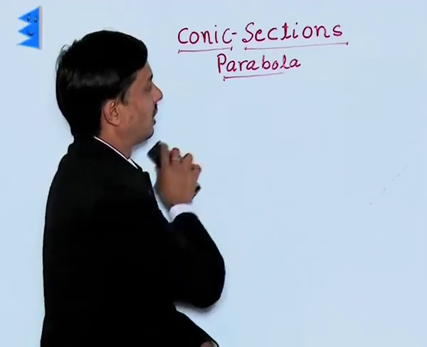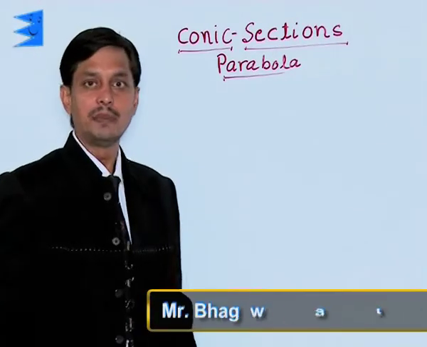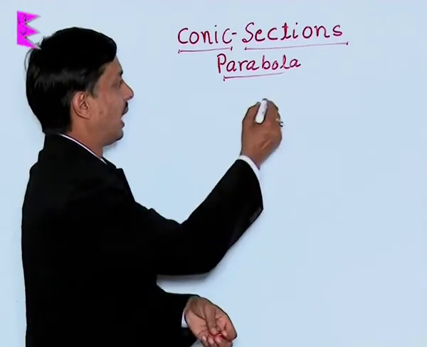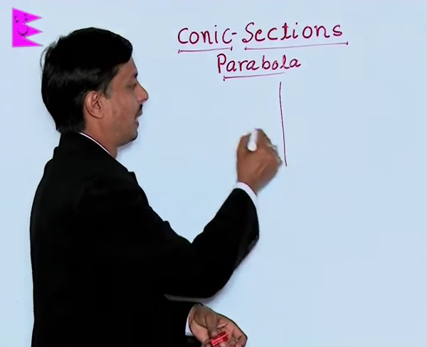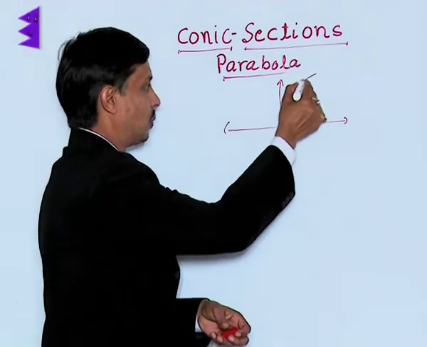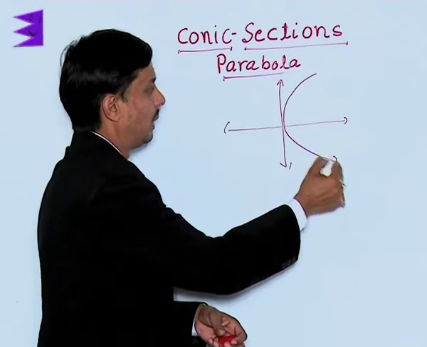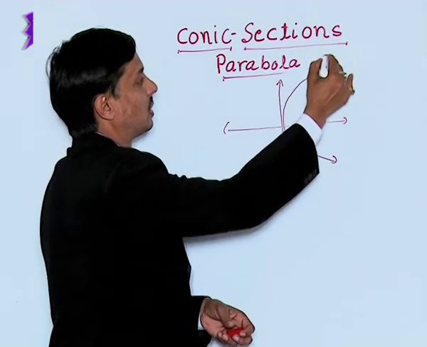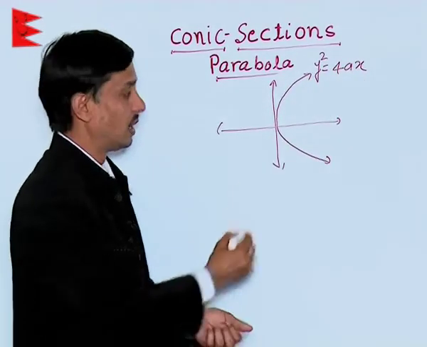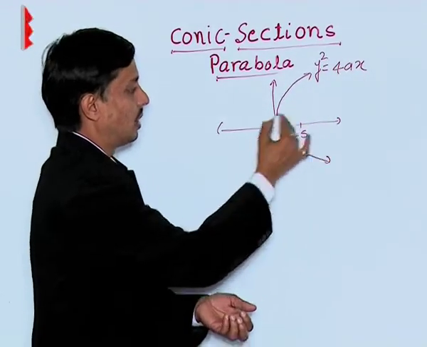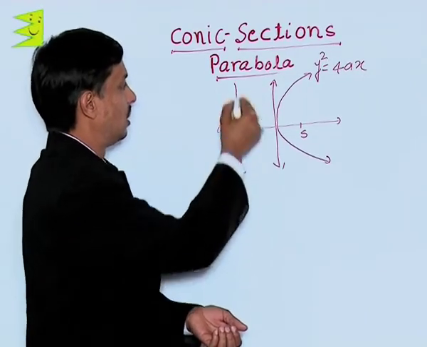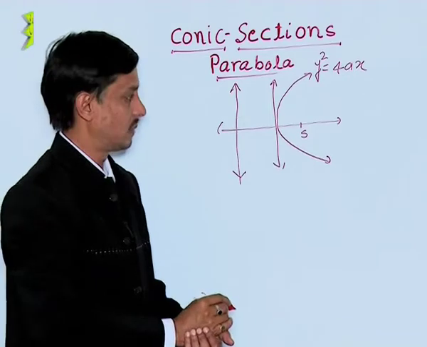In order to understand the topic of parabola, I will tell you that we have 4 types of parabolas. One of the parabolas is this one, the first type, whose equation is y square equals 4ax. This is S, the focus, and this is the directrix.